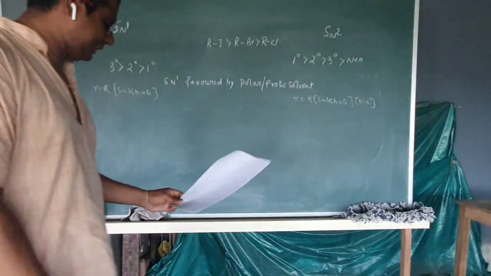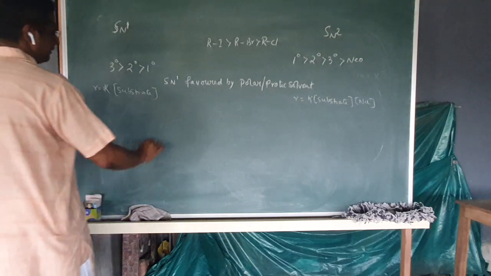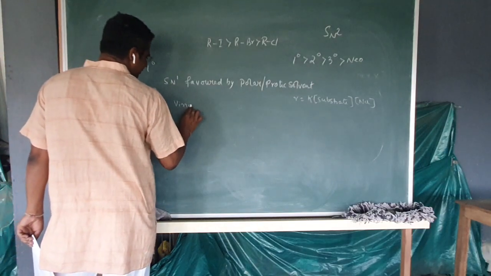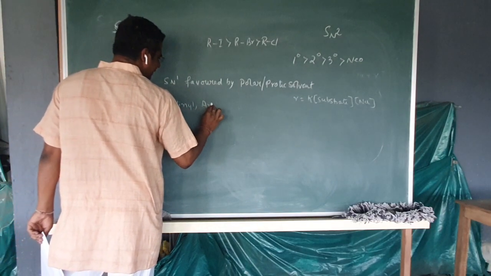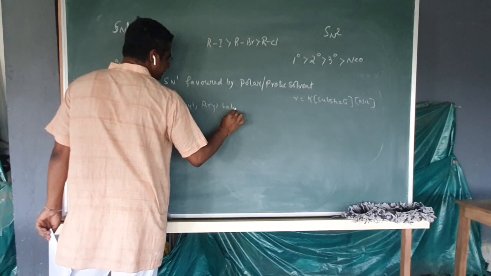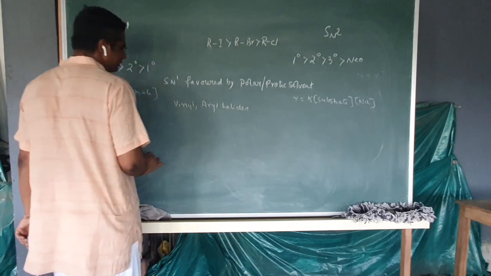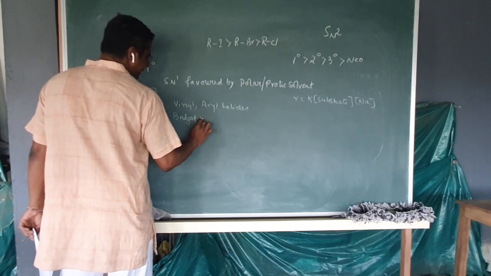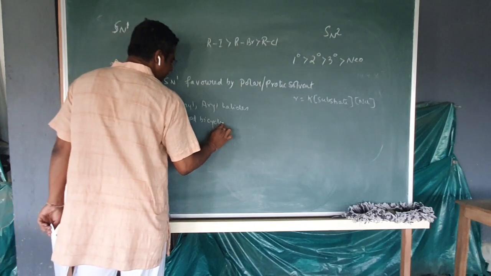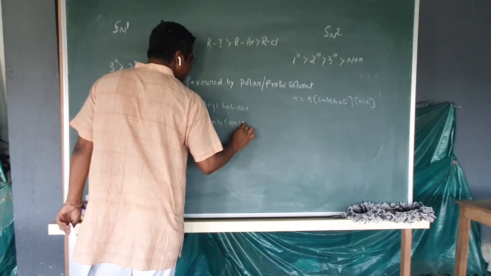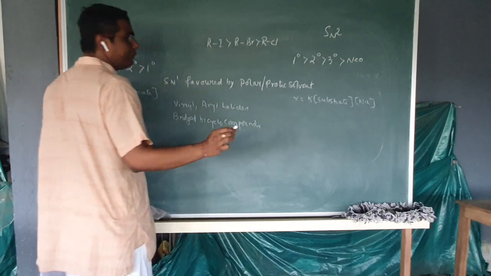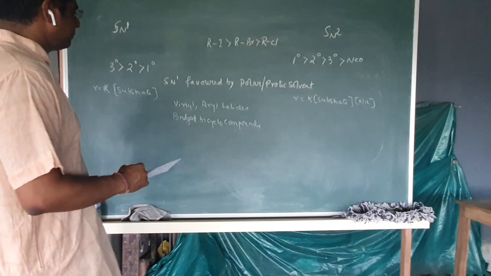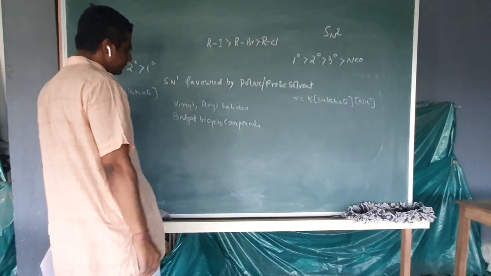There are certain species like vinyl and aryl halides, or bridged bicyclo compounds. Please go through my bridged bicyclo compound video.